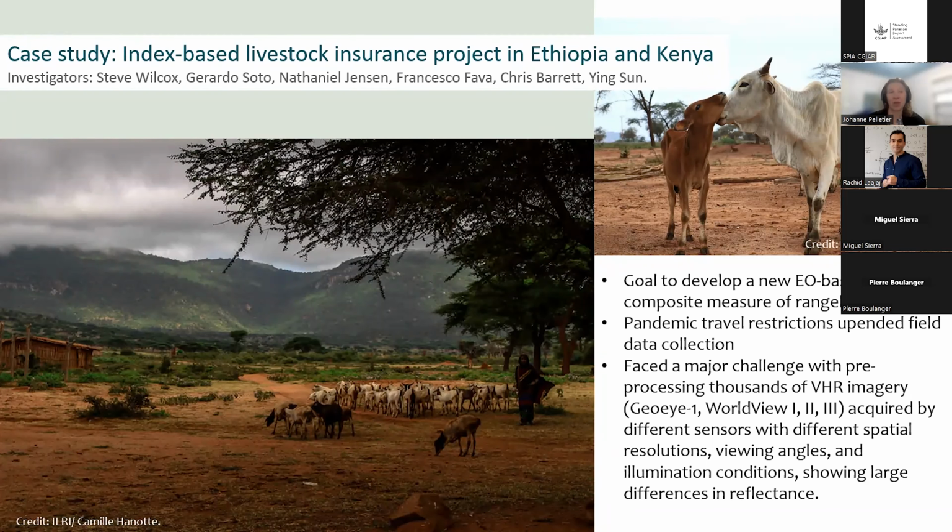So they had to spend a very long time to pre-process their imagery to make it usable.